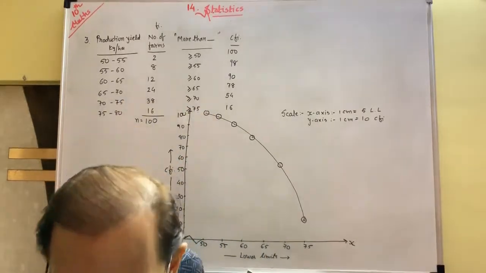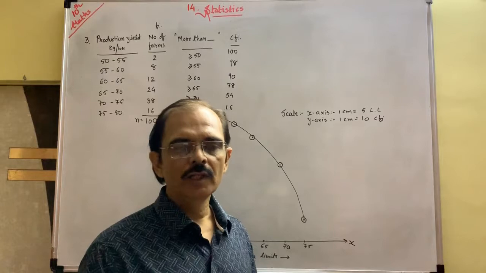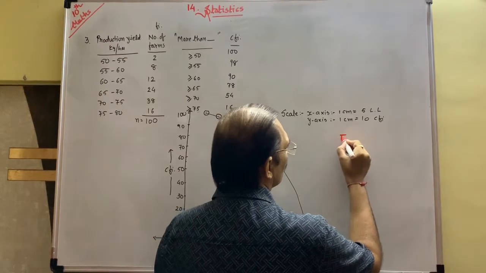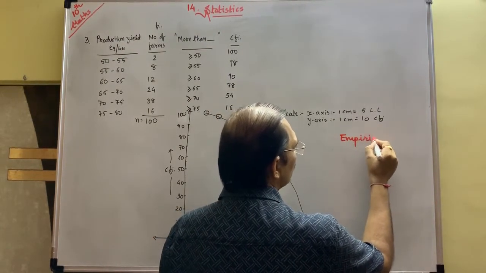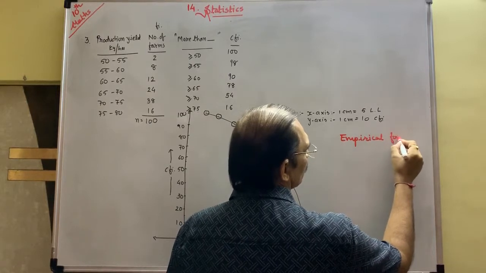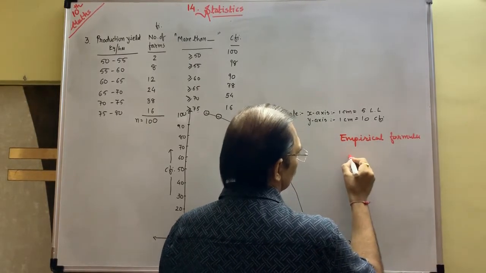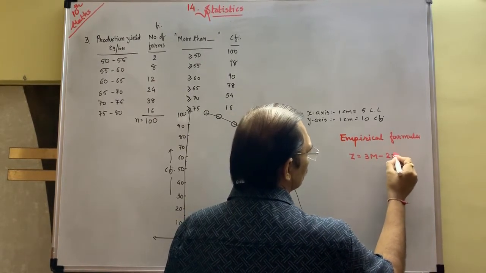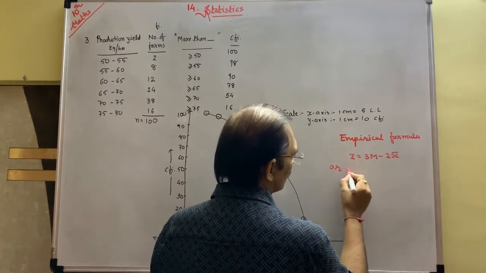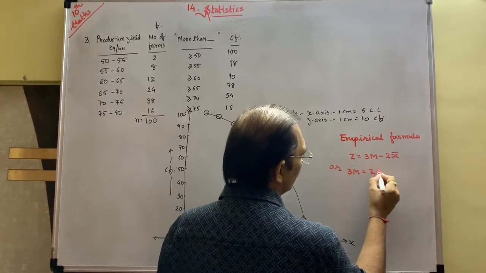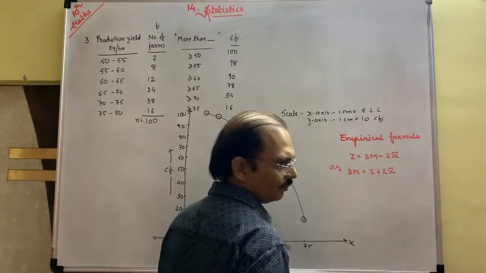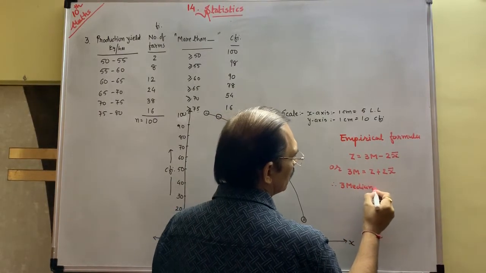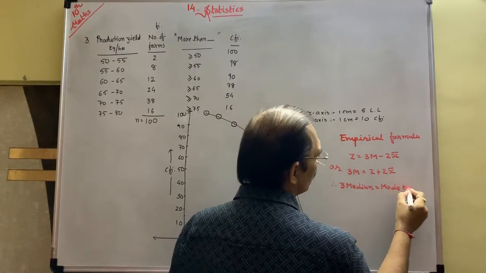Now, empirical formula or relationship between mean, median and mode. Empirical formula, or called relationship: Z mode equals 3M minus 2x bar, or 3M equals Z plus 2x bar, or 3 times median equals mode plus 2 times mean.